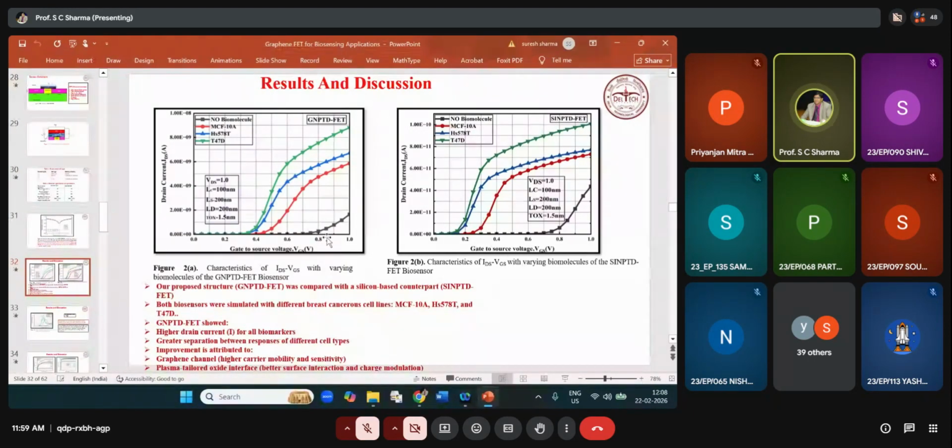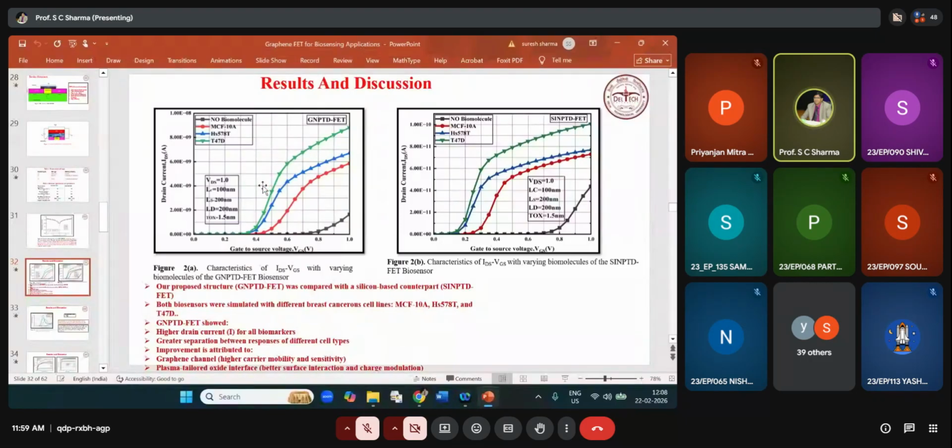We can see that by increasing permittivity, this drain current increases. Here also, by increasing permittivity, drain current increases, because here this is permittivity 4.5, this is permittivity 22, here permittivity 32.